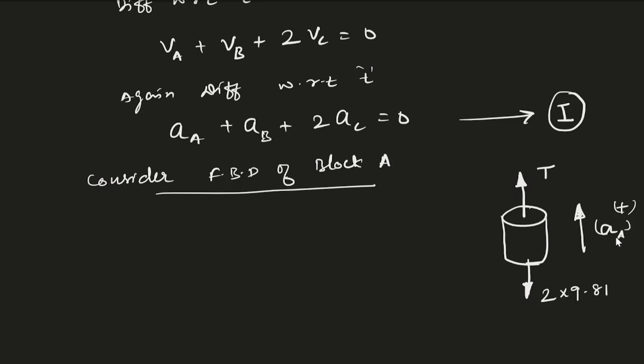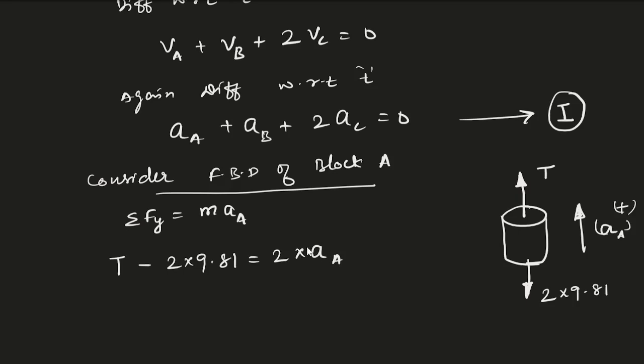I'm assuming here all the accelerations of the blocks are upward, AA is upward. Here only vertical forces are there, so I'm taking F of y equal to m into ay, and instead of ay I'm writing AA. F of y is all the vertical forces, that is T acting upward, then minus 2 into 9.81, the weight. This will be equal to the mass of block A, 2, into AA.